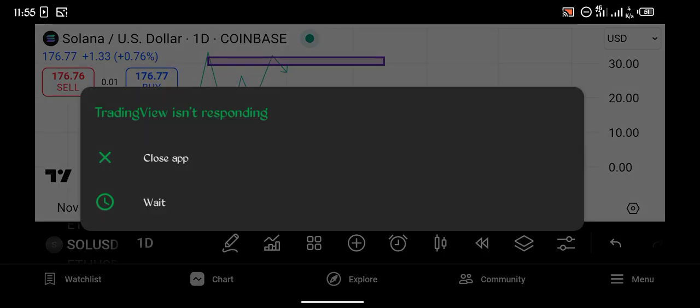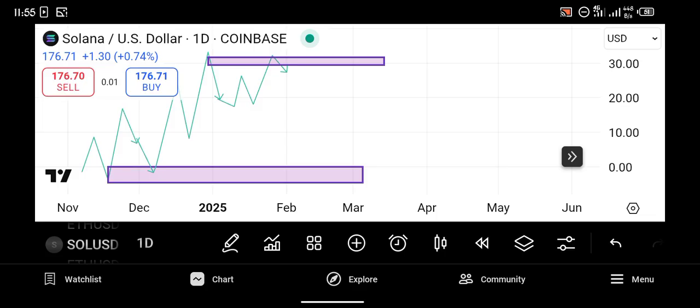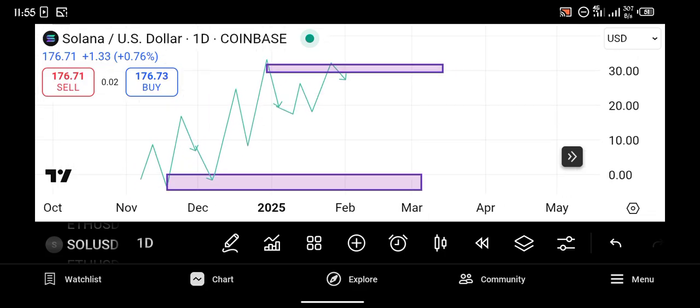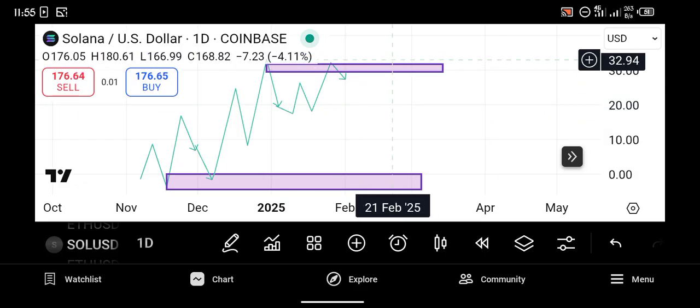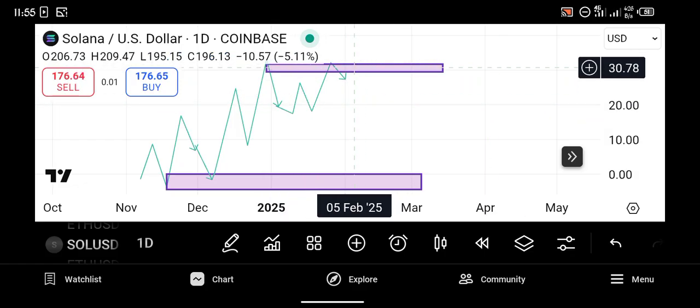So now you basically wait for price to come into this zone. Then you do what? Whenever it comes to a supply zone, you sell from there.